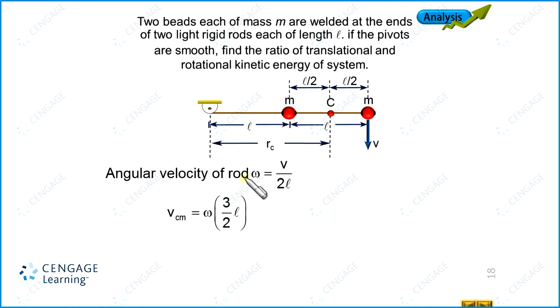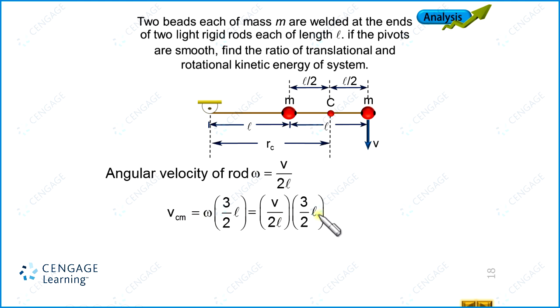Velocity of the center of mass can be calculated by using the formula V equals omega r, where omega is the angular velocity, and we know the distance of the center of mass from this point is 3 by 2 L. So Vcm equals omega multiplied by 3 by 2 L. Now we can substitute the value of omega, that is V divided by 2L.